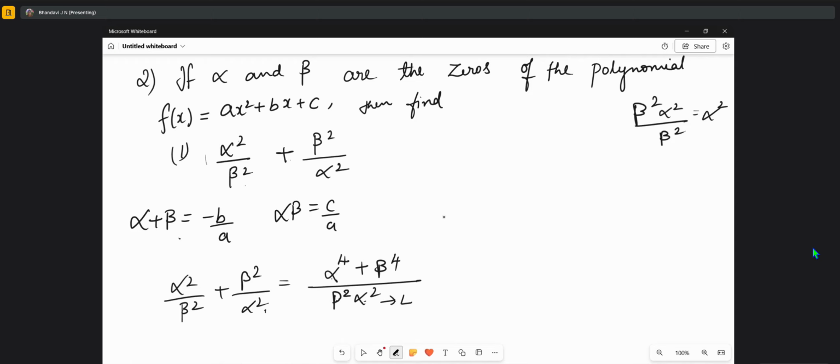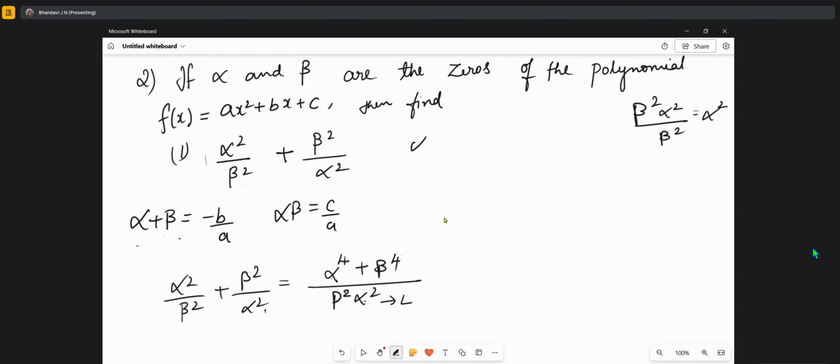How you can write alpha to the power of 4 plus beta to the power of 4 in terms of alpha plus beta? Got?